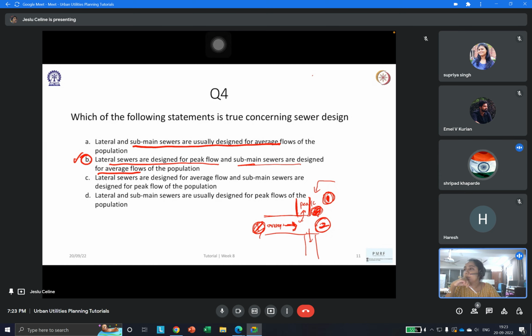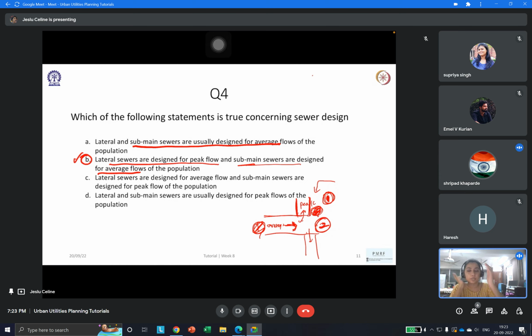Do you remember the question number? Question number 5. Identify the wrong statements associated with sewer design. Ah, okay, that is a multiple choice question. Fine, let's leave that there.